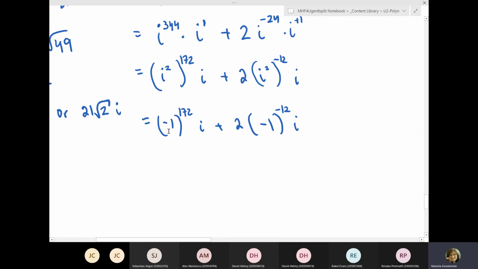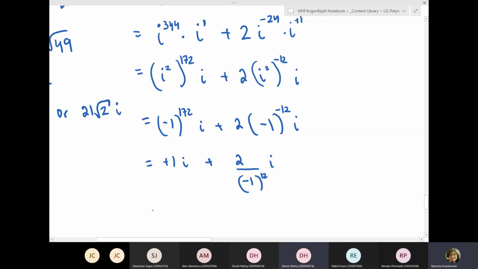Yeah. Now, -1 to the power of an even number, would that be +1 or would it be -1? Positive. Yeah, so we have +1 i plus 2. Now this negative exponent just means that it has to go on the bottom, like so. But regardless, if it's on the bottom, is this thing going to be +1 or -1 overall?